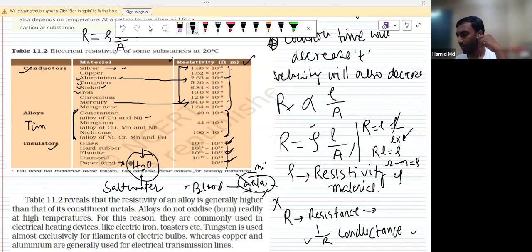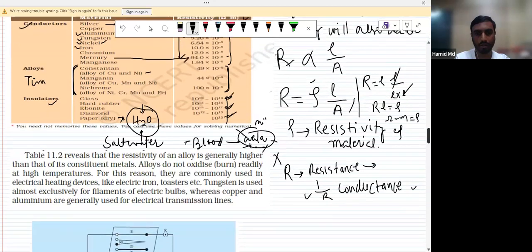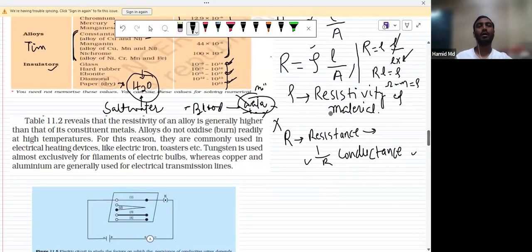Okay. So now move on to the next. Now it's a description of a table, that's the upper table. You don't have to remember all the things, but you have to remember only the alloys. You might be asked somewhere in the exams. The resistivity of an alloy is generally higher than that of its constituent metals.